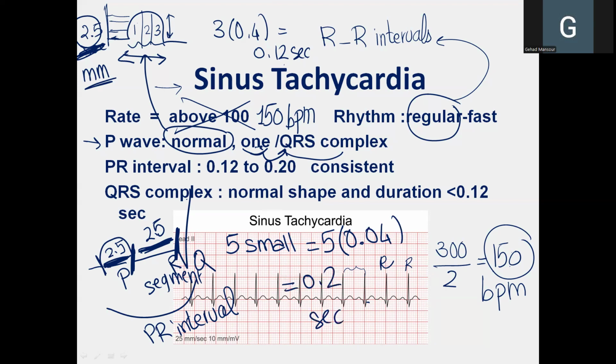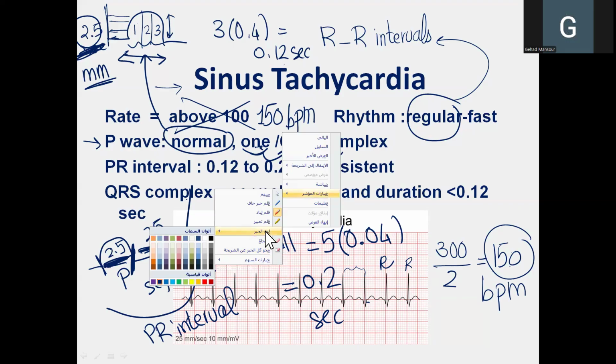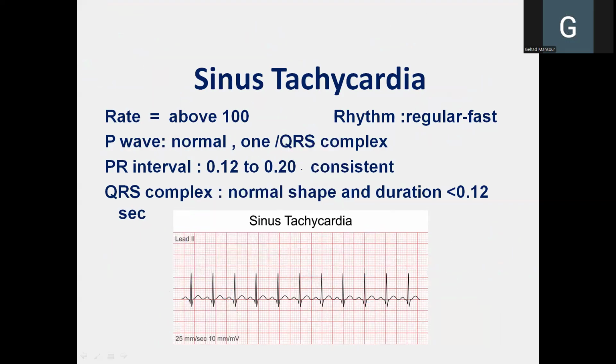So I don't want to find in the answers that the PR interval is normal because it lies between 0.12 and 0.2. I want the discrete value of the PR interval, and you apply the same for the QRS complex.